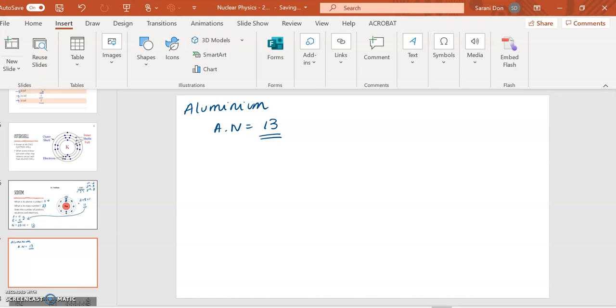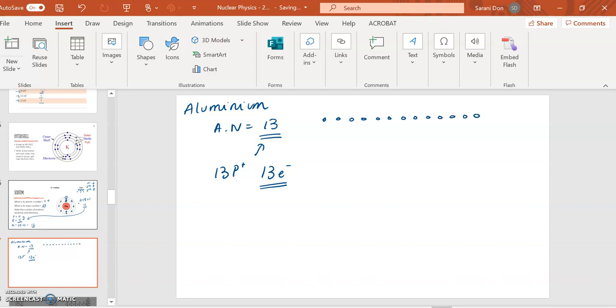If you want, I would suggest pausing the video now and attempting it yourself, and then continue the video and check your answer. But otherwise, just follow along with me. So we know that aluminium has an atomic number of 13, which means that it has 13 protons. If it has 13 protons, then it also must have 13 electrons.